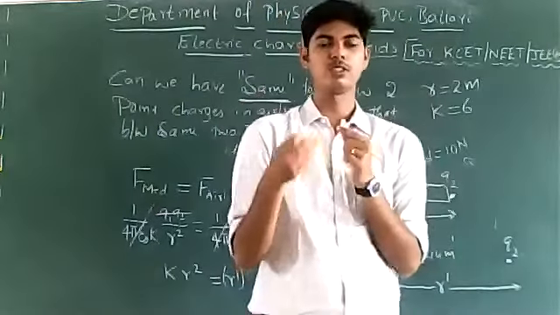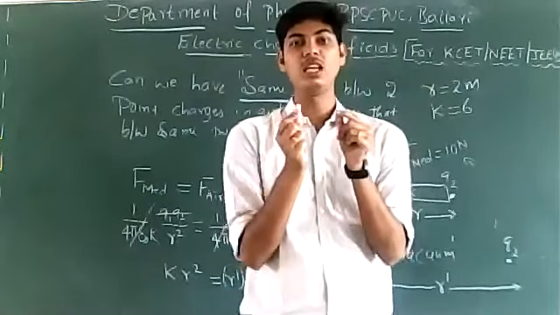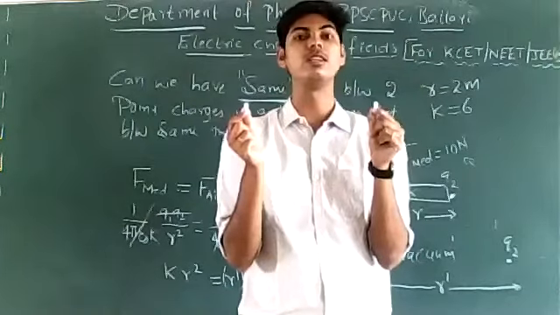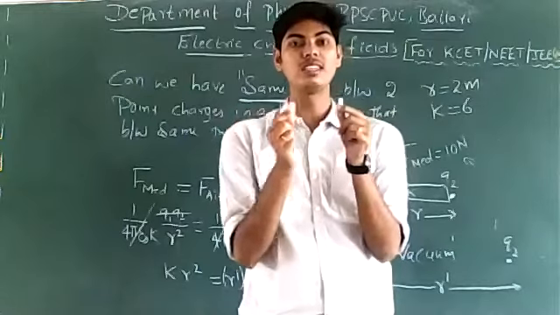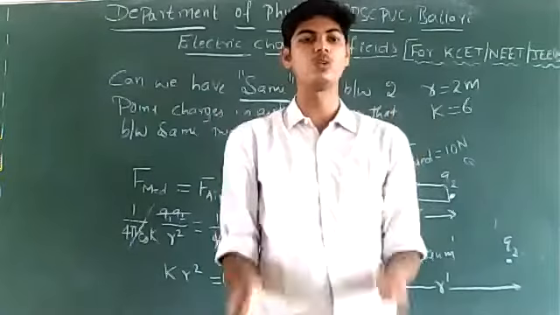By changing the distance, by increasing the distance. Okay, you increase the distance, but by how much? What is the distance by which you are going to increase it between the two charges?